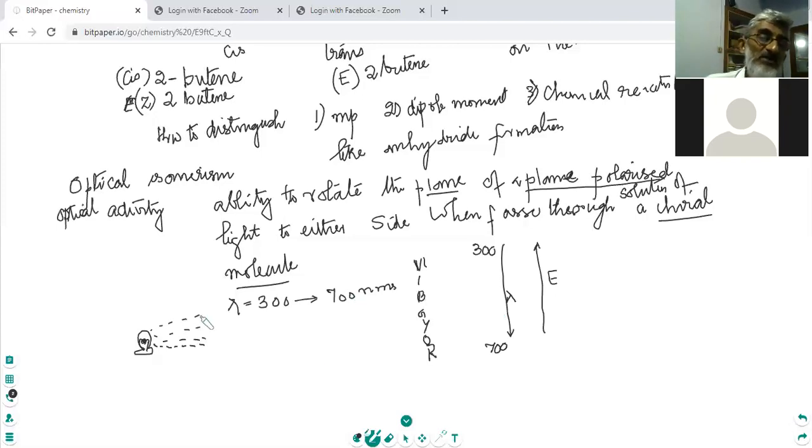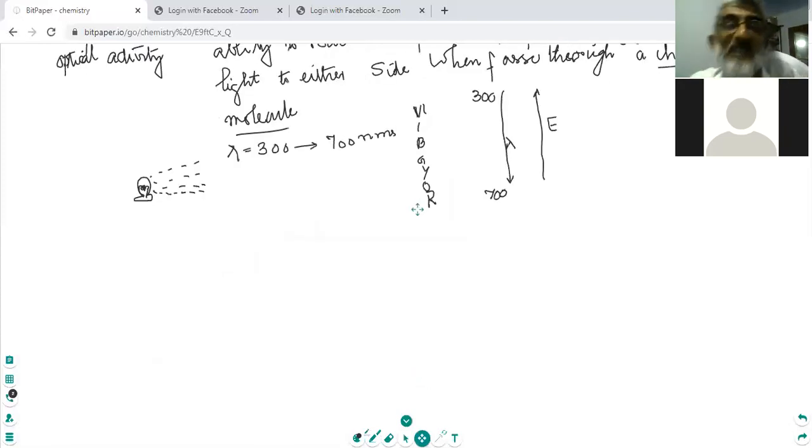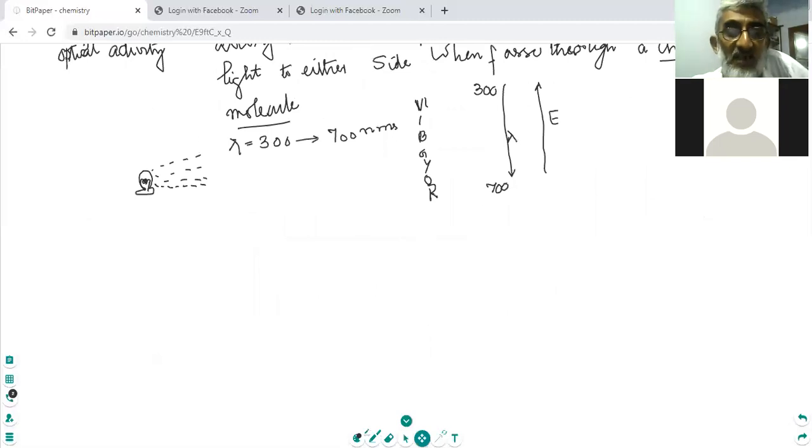Now suppose you want to separate this light into a specific wavelength, only one specific wavelength. You want to generate a light with only one wavelength.